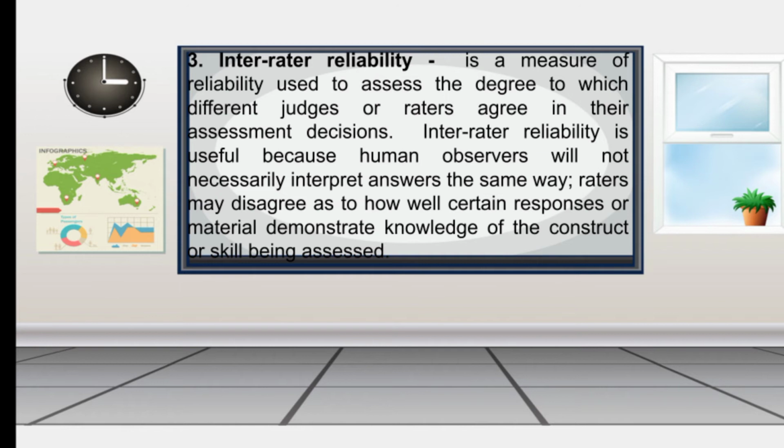Example: inter-rater reliability might be employed when different judges are evaluating the degree to which art portfolios meet certain standards. It is especially useful in situations where judgments can be considered relatively subjective. Thus, the use of this type of reliability would probably be more likely when evaluating artwork as opposed to math problems.